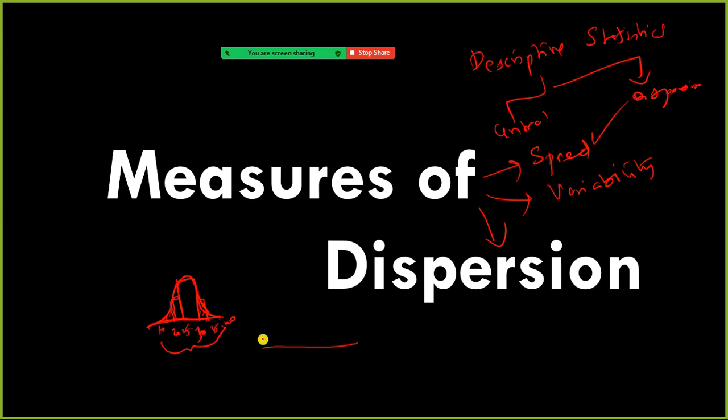Let's say I have another data set. When I plotted, it looks something like this. This data set's spread is a little bit wider than this one, and I have another data set whose spread is something like this.